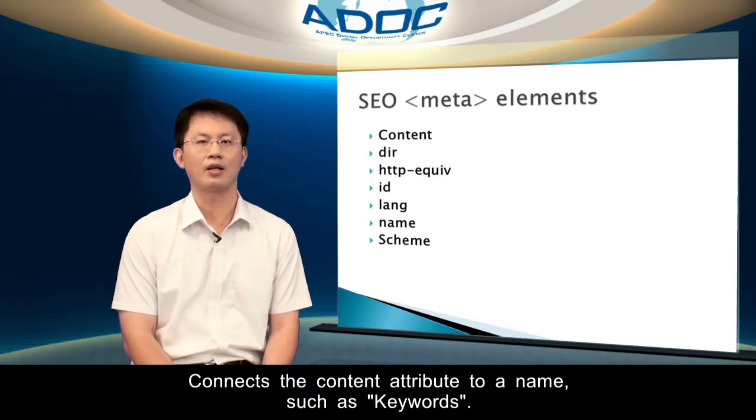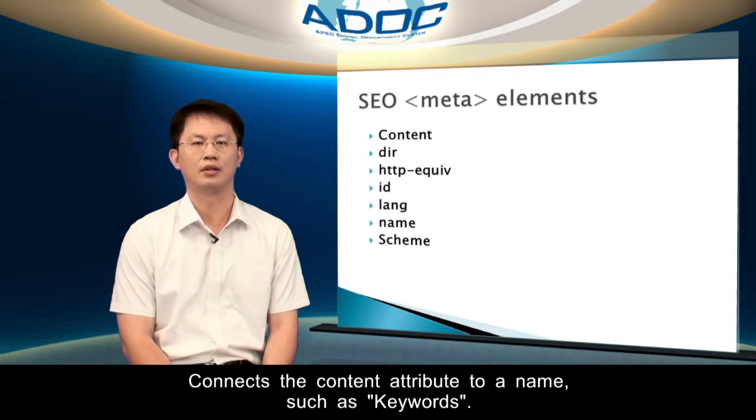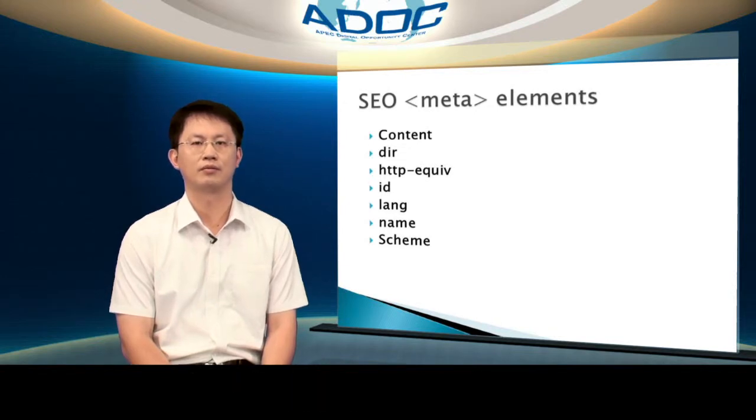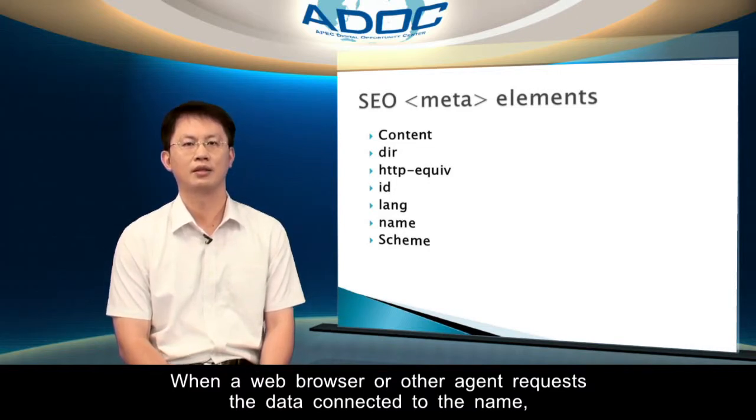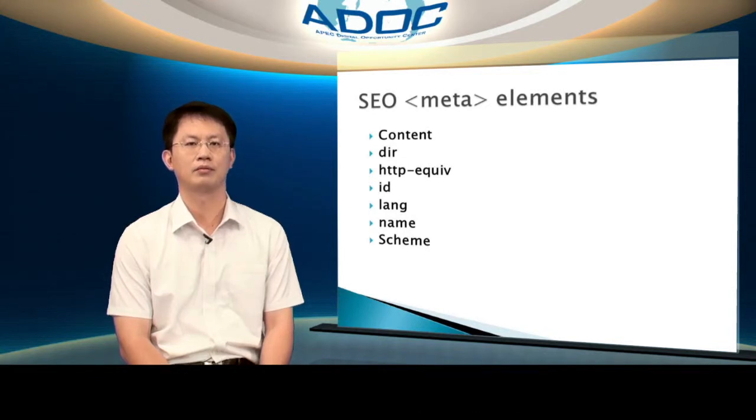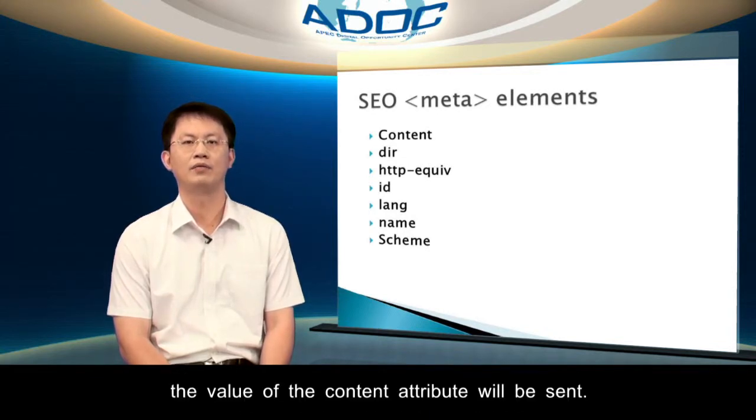Connects the content attribute to a name, such as keywords. When the browsers or other agents request the data connected to the name, the value of the content attribute will be sent.